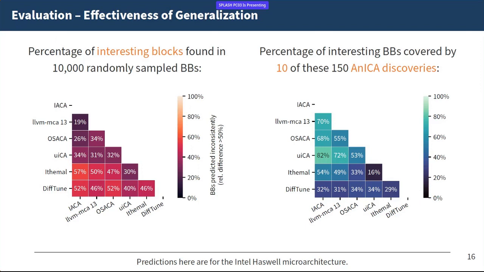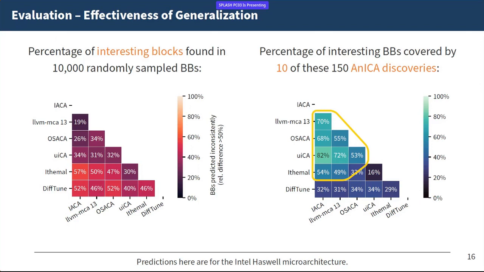And we can find that even then, for quite a large number of the campaigns, more than 50% and up to 82% of the interesting basic blocks were still covered. So here, really, 10 of the AnICA discoveries were able to represent thousands of inconsistent basic blocks from our first heat map, which we consider quite a lot more helpful for actual debugging. You can also see that for campaigns including Ithemal and Difftune, these numbers are quite a bit lower.